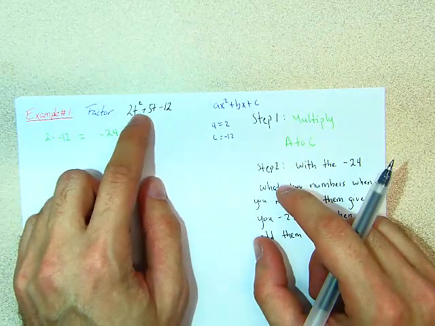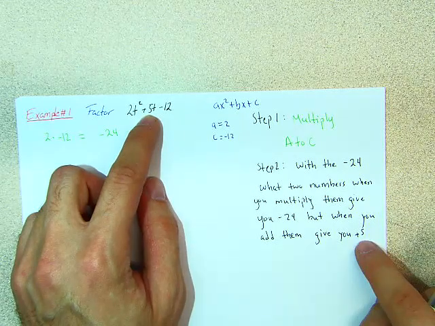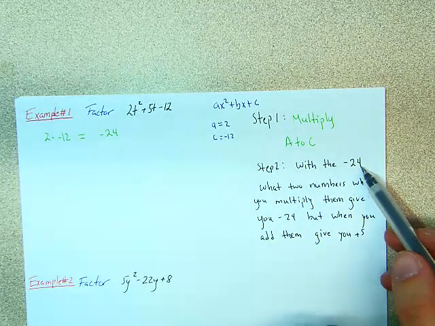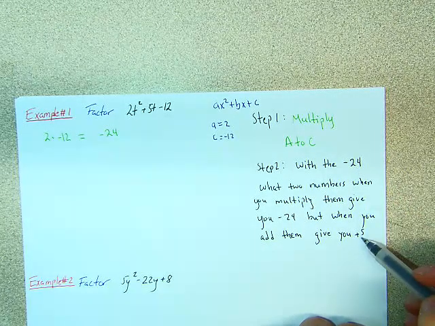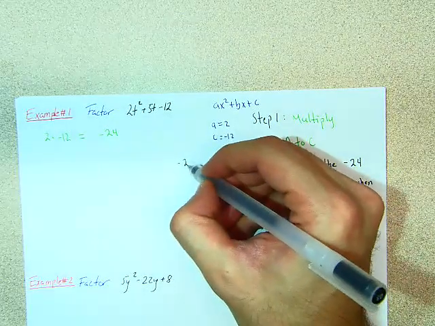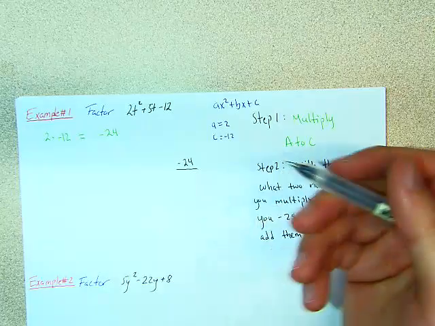In this case it's positive 5. So we get a positive 5. That's how you read it, positive 5. So what two numbers when you multiply them give you negative 24, and when you add them give you 5? So let's see. If we have negative 24, what are all the multiples of negative 24?